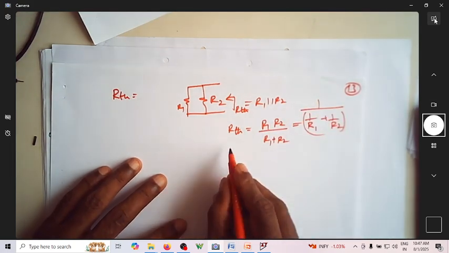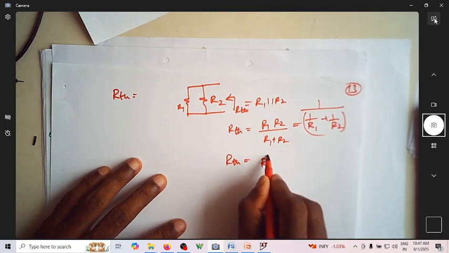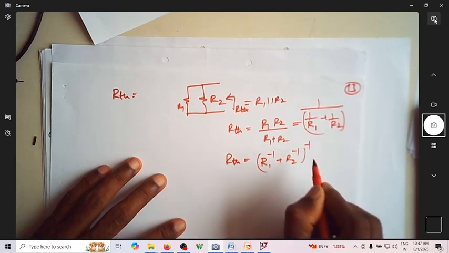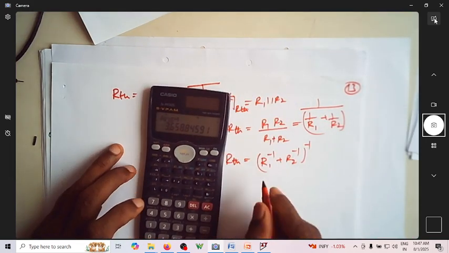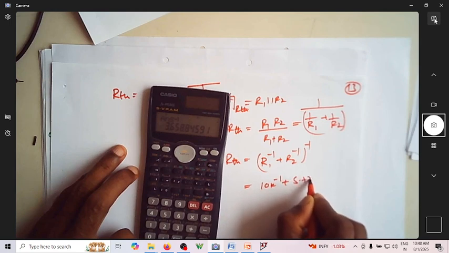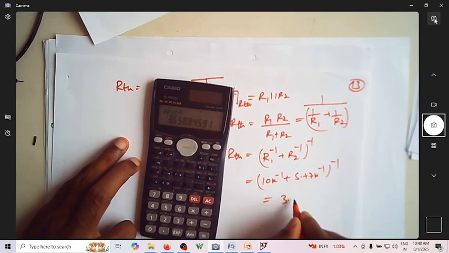So this is the value of R Thevenin. In the calculator you can simply write it as R1 inverse plus R2 inverse and its whole inverse. So that's what I did here. This is actually 10k inverse plus 5.77k inverse and whole inverse, which is coming out to be 3.65 kilo.